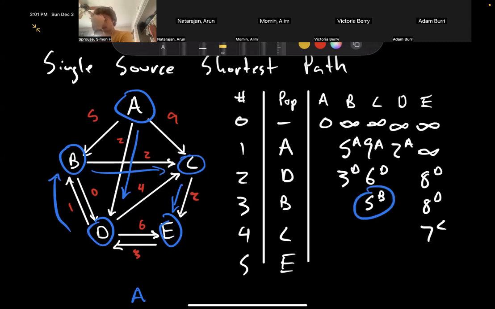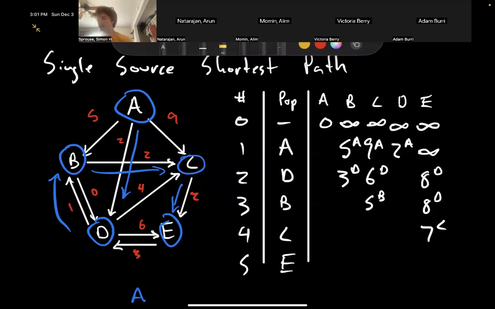You'd have to look at this table and use your hand to cover up the graph on the left, right? What is the shortest path from A to B? Well, we know it's 5 because that was the last value when it was popped. Or what's the shortest path from A to D? It's 2. Shortest path from A to E is going to be 7, right? Which is just the last known path at the time that the node got popped.